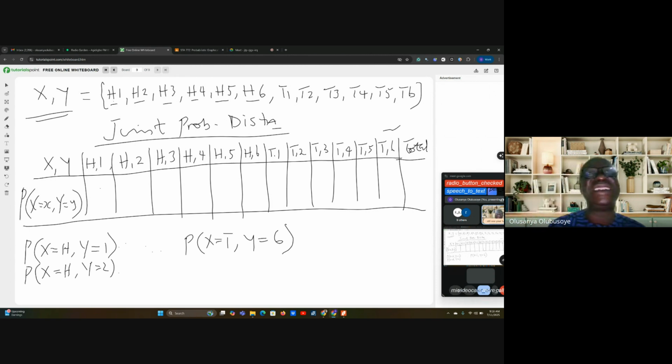Probability of head and 1, probability of head and 2, probability of tail and 6. Each of these appears only once, which is the number of favorable outcomes out of how many possible outcomes?